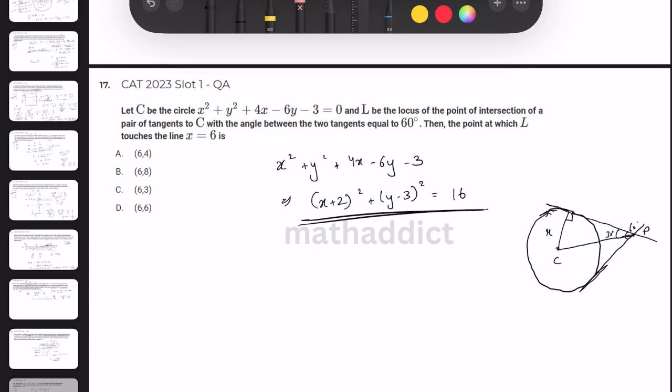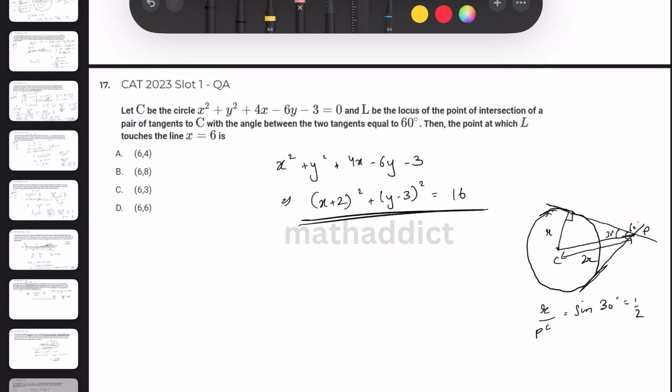This is 90 degree. So r upon PC is equal to sine 30 degree, which is half. That gives us PC is 2r.